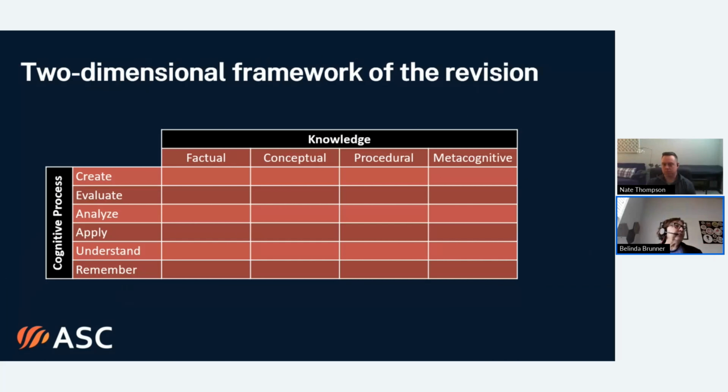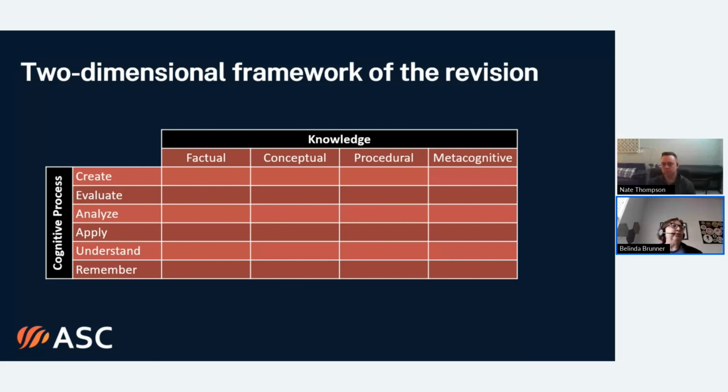In the revision, there was also a two-dimensional framework. So it considered the cognitive processes that we just discussed, but it also considered, in this grid-like way, the knowledge that was being involved.